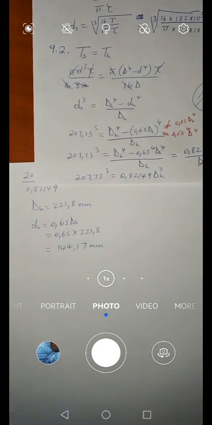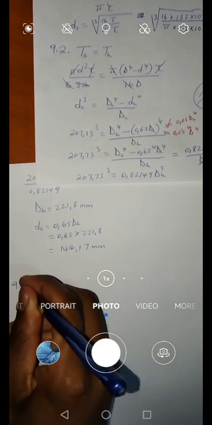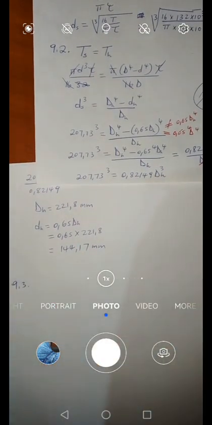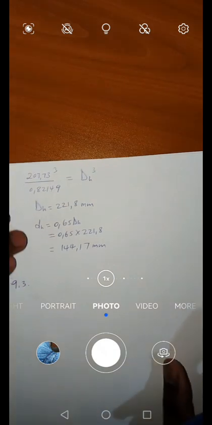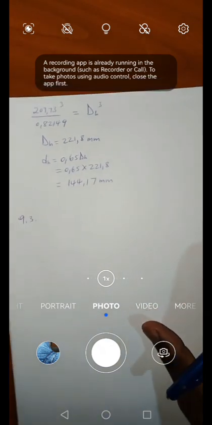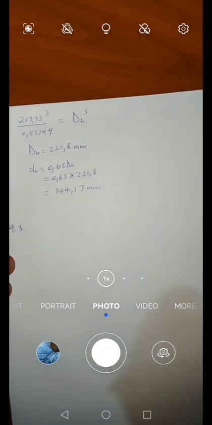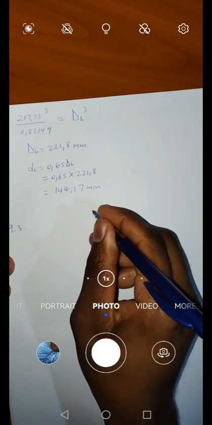So on the next question, 9.3, calculate the percentage saving in weight. Okay, let me do this. We calculated the solid shaft.